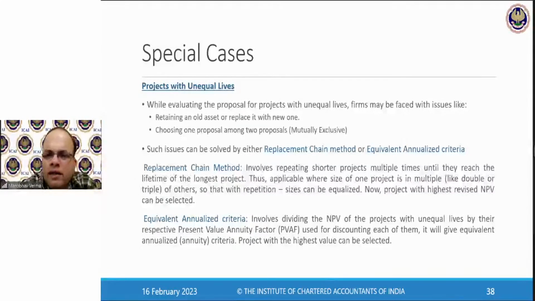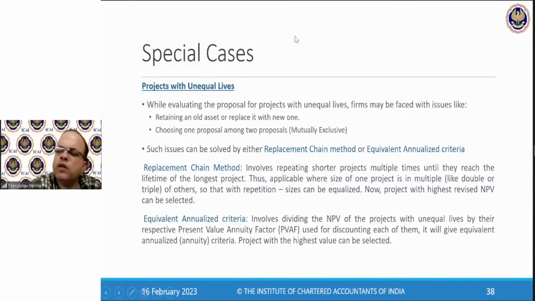And we said that probably there we might have a solution called the equivalent annualized criterion, or the replacement chain method, where the project with a smaller life can be repeated once or twice more. The only thing is the smaller life should be in exact multiples of the larger life, right? So let's talk about these methods.